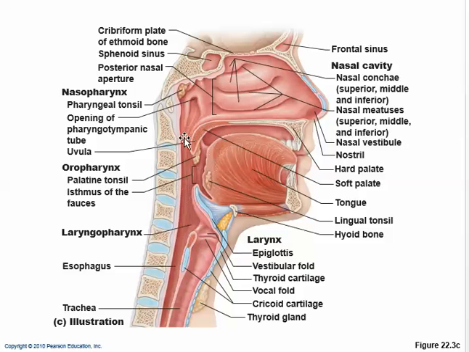When we're breathing, this lid, the epiglottis, is open and air passes down this way. When we're swallowing, you push your tongue up, which pulls this end up, which drops that like a garbage can lid, closes off the trachea here, and food goes down the esophagus.